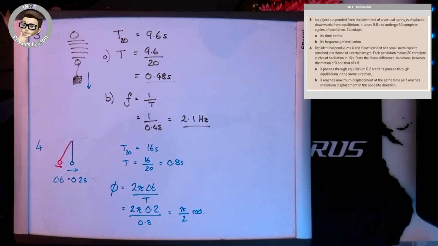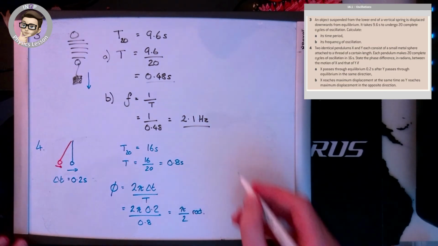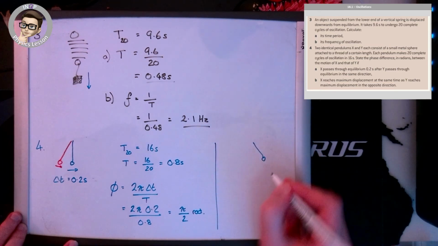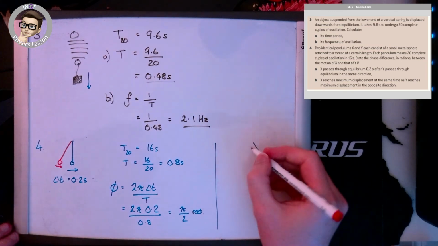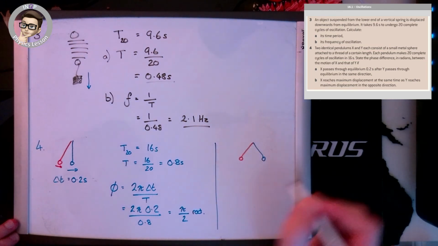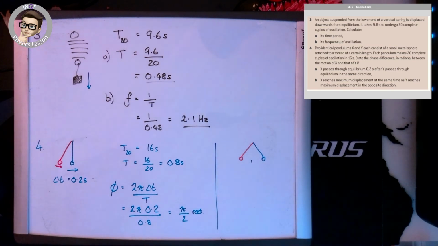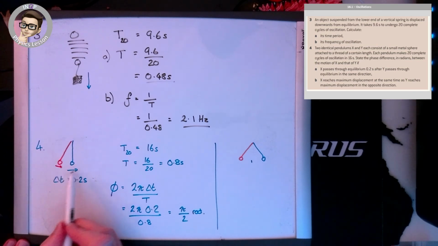And then X reaches maximum displacement at the same time as Y reaches maximum displacement in the opposite direction. So what we're saying this time is that X is over here, Y is over there, and that is the equilibrium point. We know that it takes 0.2 seconds for it to go from there to there.